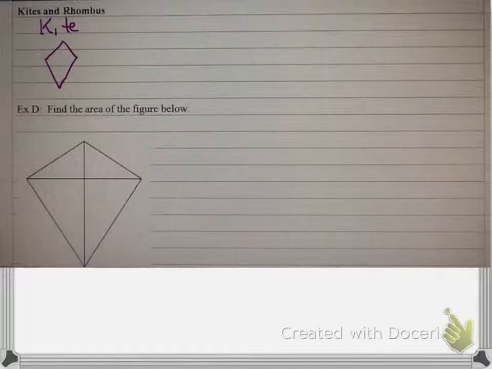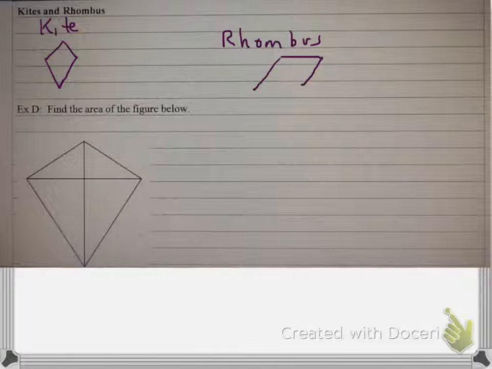But a rhombus has equal sides. It's like a parallelogram with equal sides.